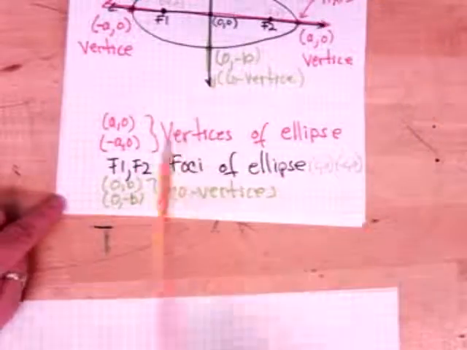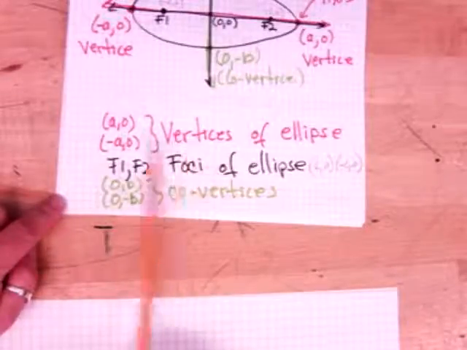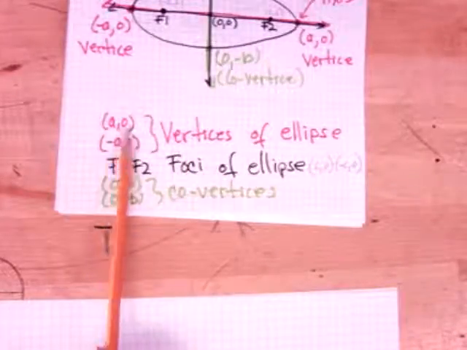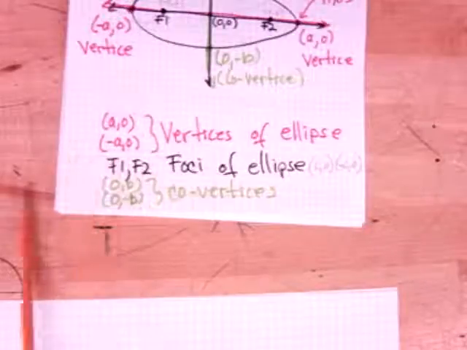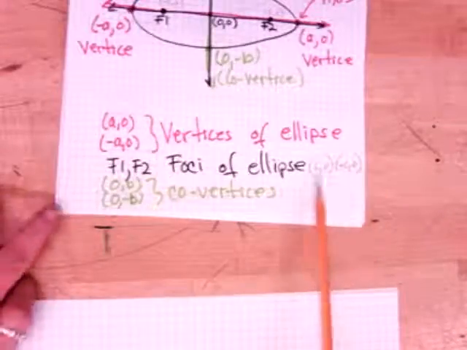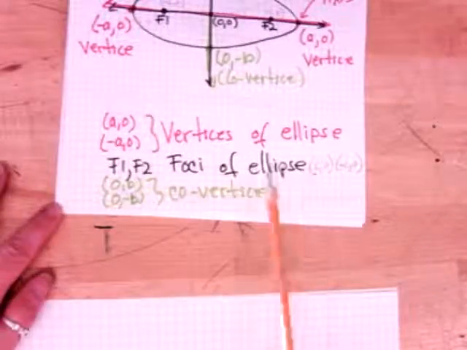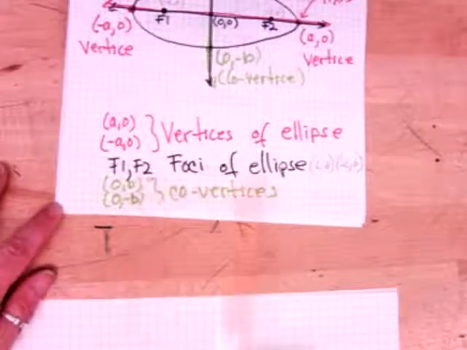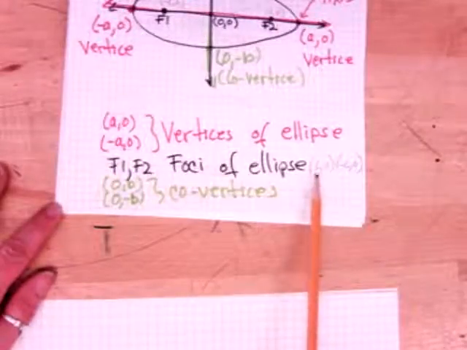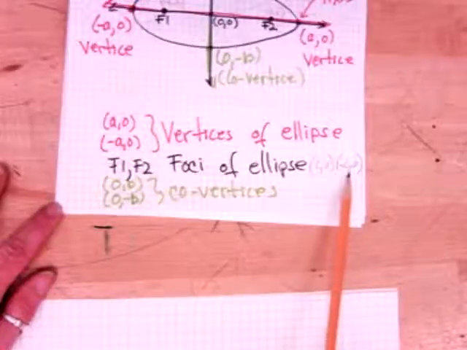So a summary: the vertices of an ellipse have coordinates a comma 0, negative a comma 0. The coordinates for the foci of an ellipse, F1 and F2, are c comma 0 and negative c comma 0.